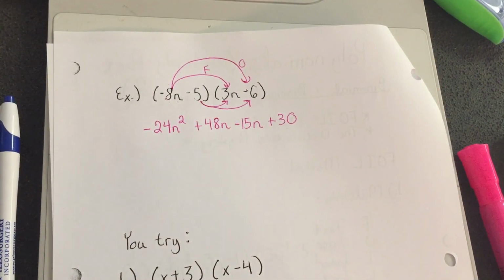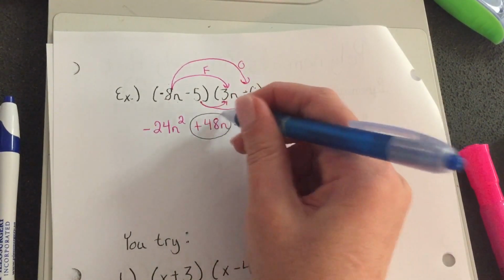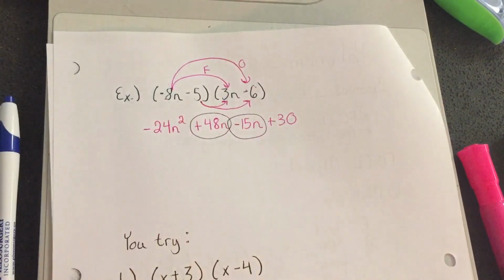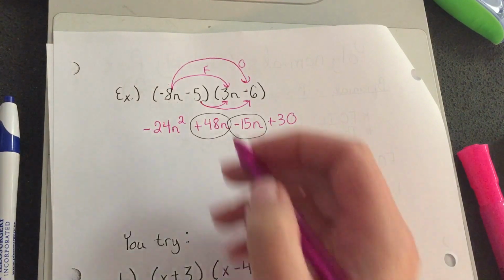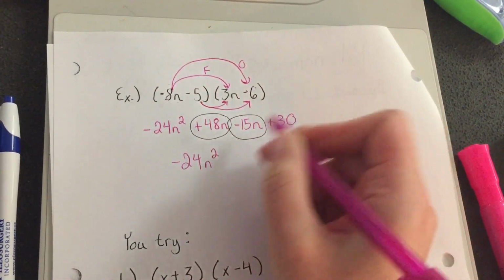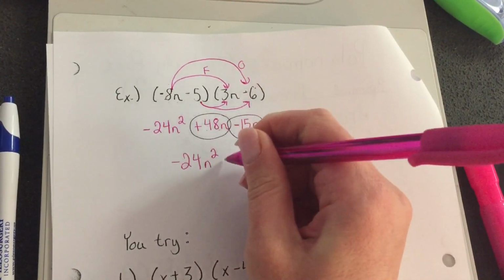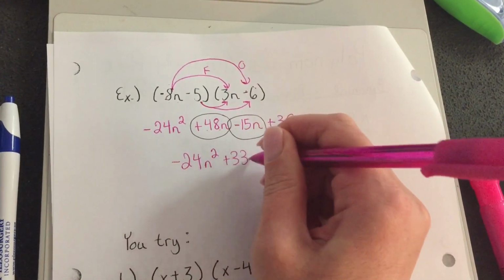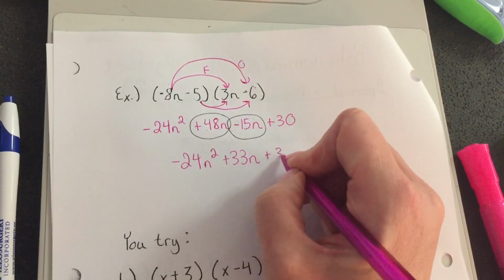So we look to combine like terms, and we only have these two terms in the center. If you FOIL correctly, your two terms in the center will always combine. Okay? So now we have negative 24n squared, 48 minus 15 is a positive 33n, plus 30.